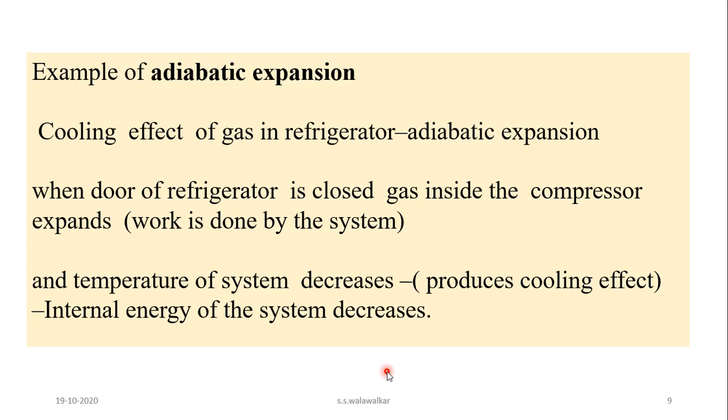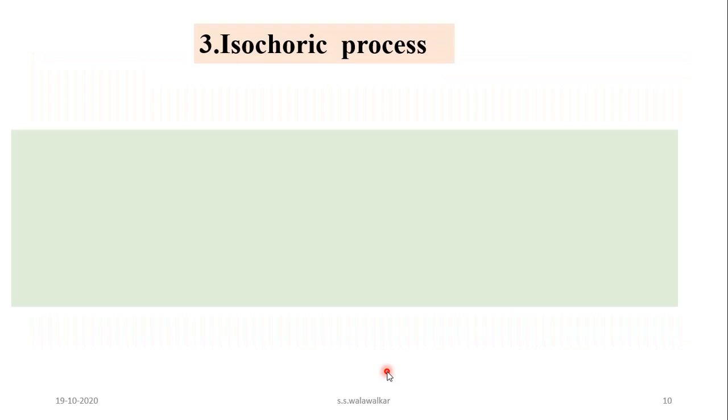That means temperature of the system decreases, and therefore it produces a cooling effect. So whenever the door of the refrigerator is closed, expansion of gas inside the compressor takes place and cooling effect is observed.